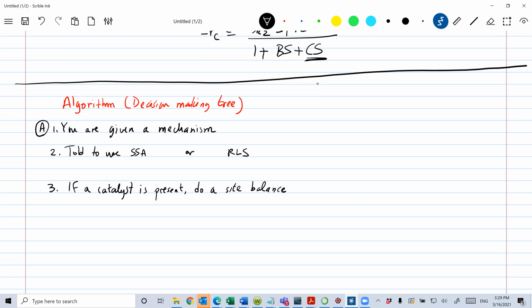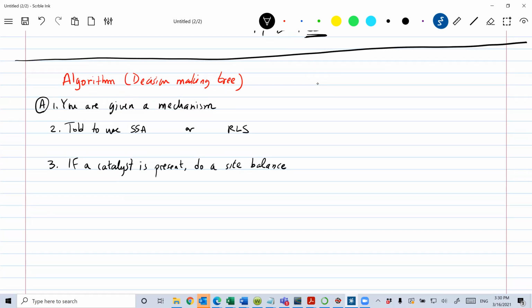The solvated ion you would think about in steady state approximation, because it's not a catalyst. It just happens to be an intermediate that gets formed. So you do a site balance. And within that site balance, there's a concept of the MARI, or most abundant reactive intermediate.